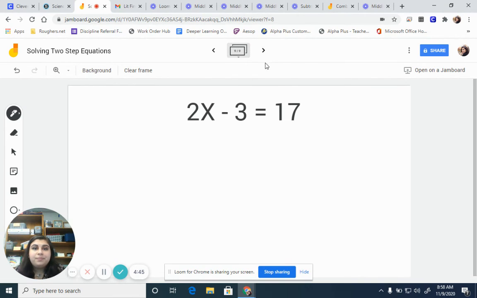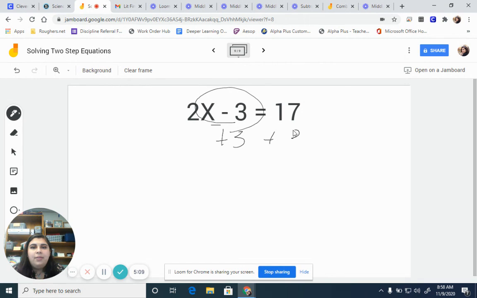Last one. I have 2x minus 3 equals 17. First, are all my terms combined? Yes. Now, can I move my numbers to one side and my letters to another? Absolutely. So I have 2x minus 3. The way to get rid of that minus 3 would be to add 3. And remember, what I do to one side, I have to do to the other.